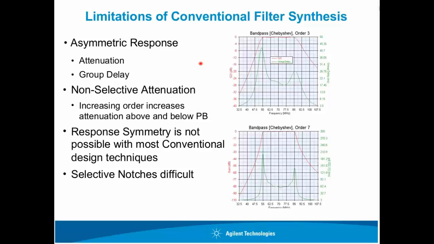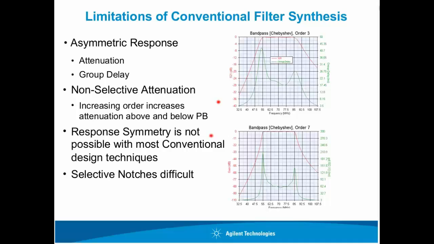Well, increasing the order, as we've shown here, from a third order to a seventh order, increases the attenuation above and below the pass band. In the past, engineers would often take a pre-existing design and add some elements to it and launch an optimizer to recover the desired response, and this takes more time and more effort.